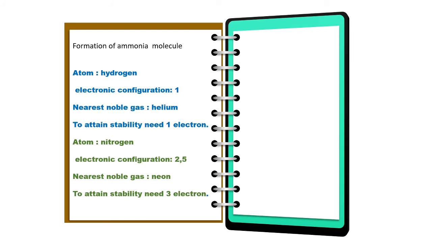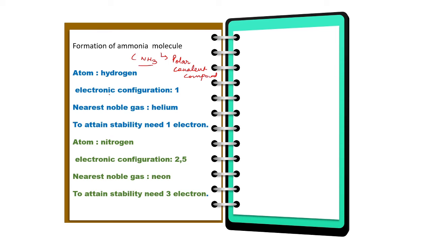The first example is ammonia. This is an example of a polar covalent compound. The formula for ammonia is NH3.